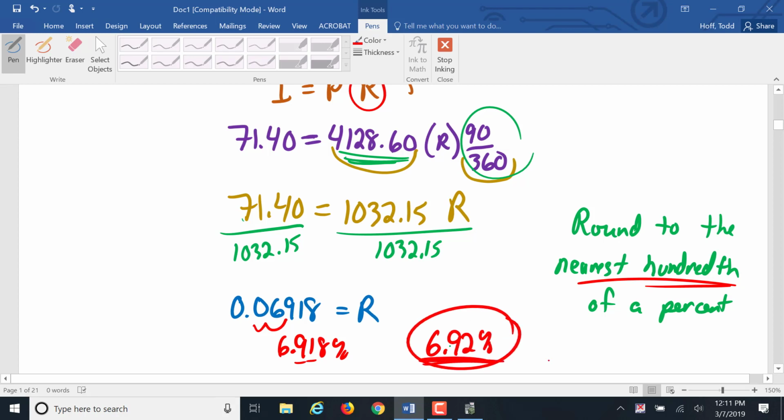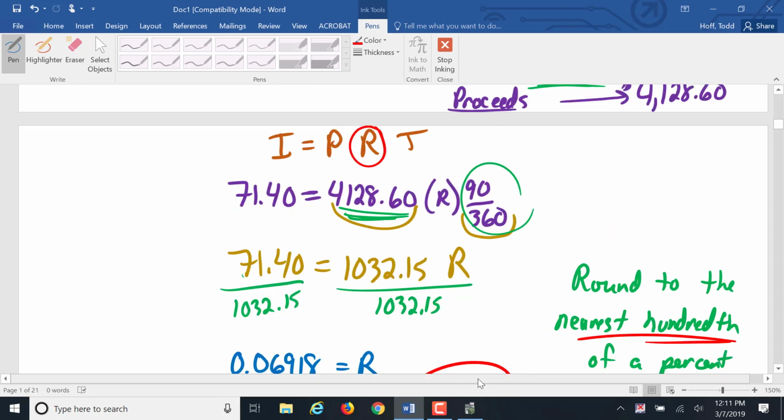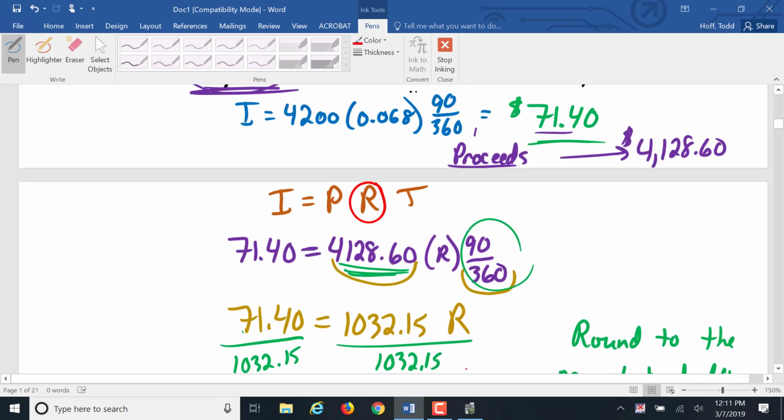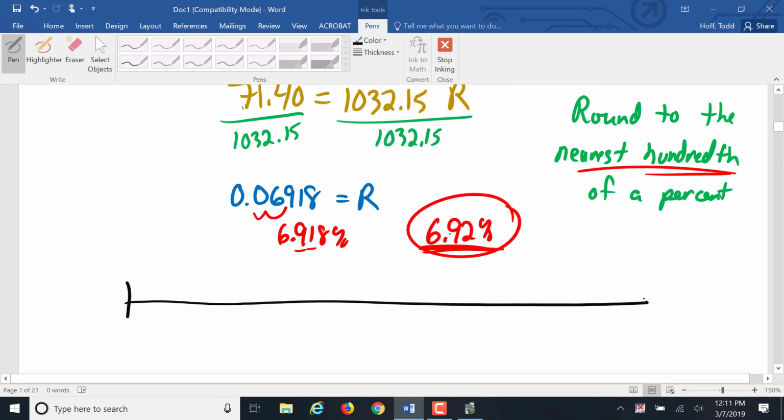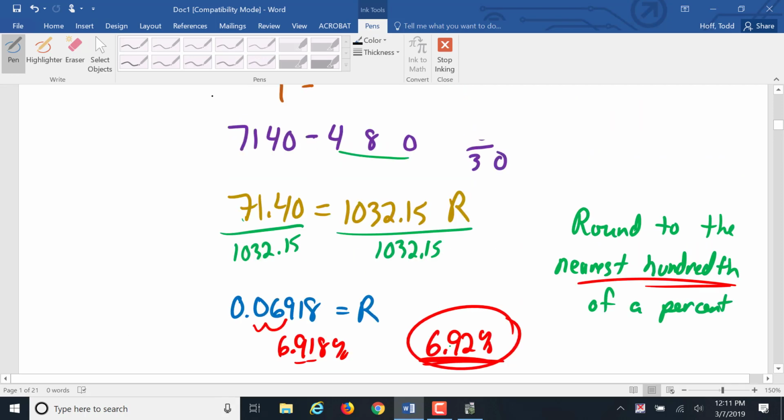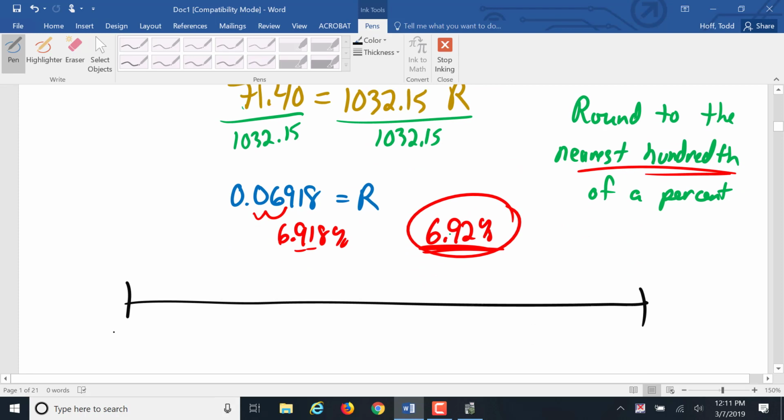So what that is saying is, if this were a simple interest note, where we started at the beginning with a principal, in this case, what the customer actually received, that $4,128.60, and the ending balance, what was paid back, was $4,200, the amount of interest that would have been added in would have been 6.92% of that beginning amount.